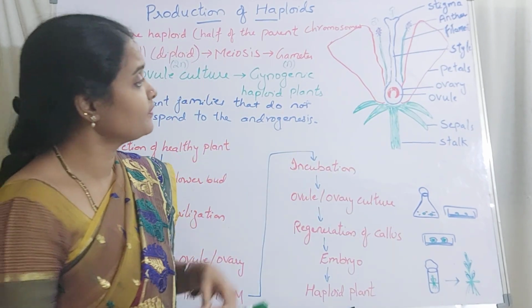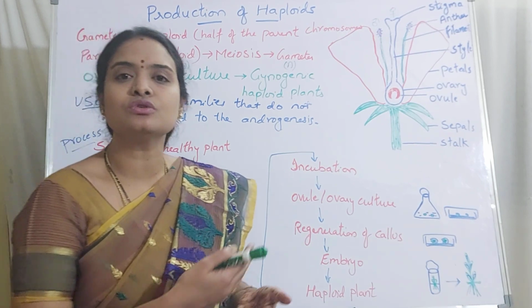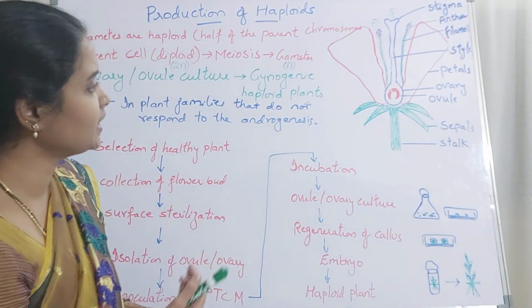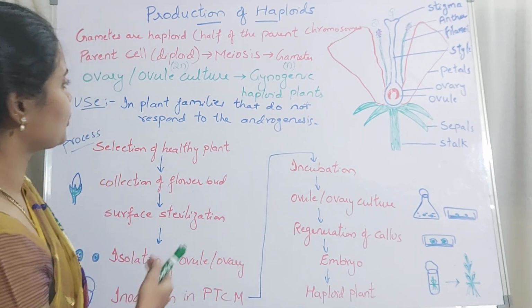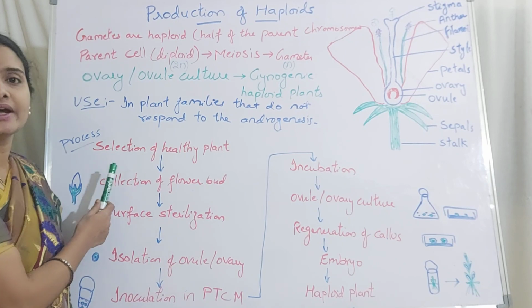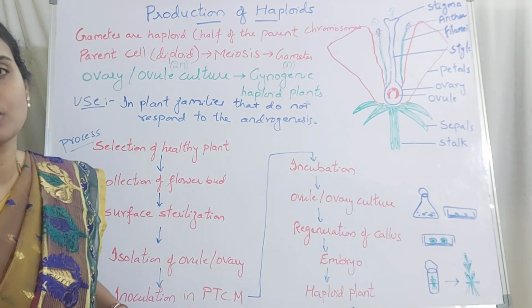Right? So those plants will fail to produce a fruit or seeds. So in order to propagate those plants, we make use of this plant tissue culture process where we are going to produce the haploid plants.